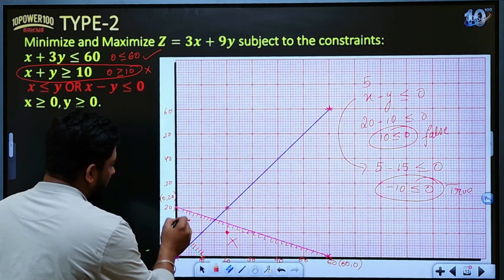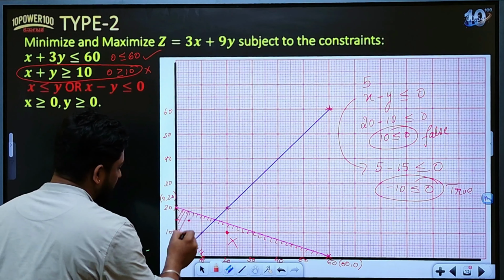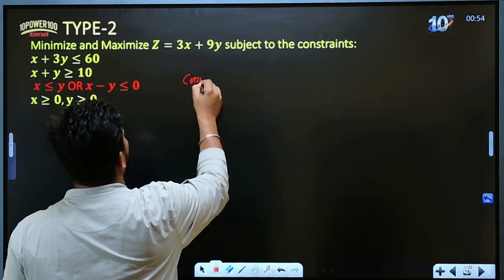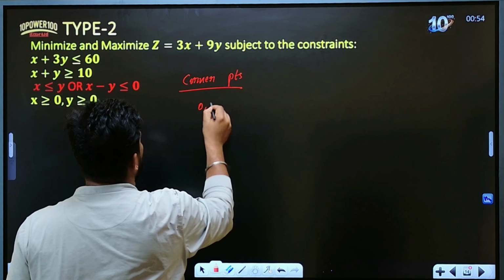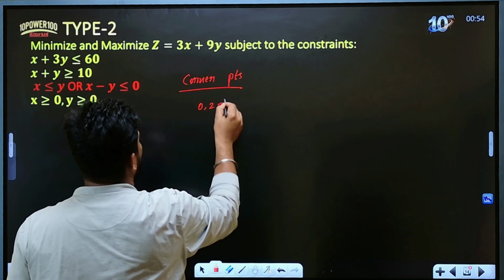So we got to know that this is the region. Now corner points also we should write, right? So let's write the corner points. The first point is point A, which is 0, 20. Now the second point is this point, correct?